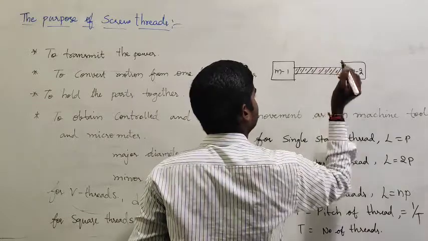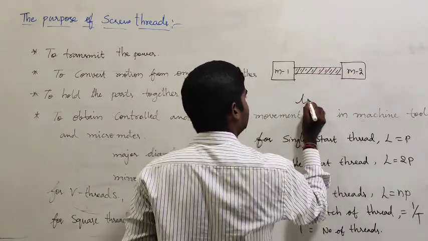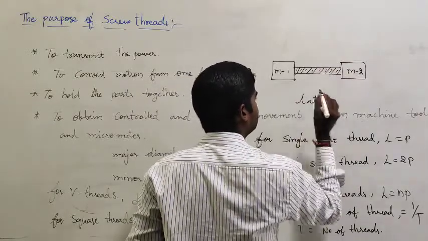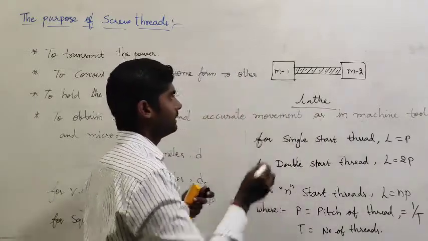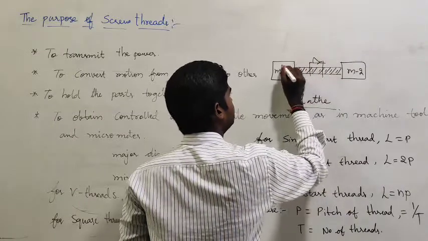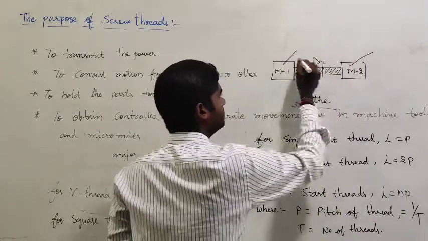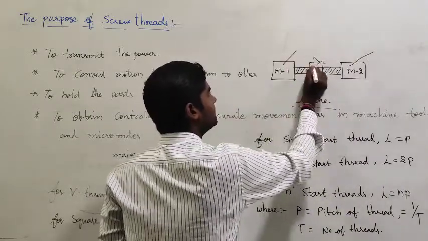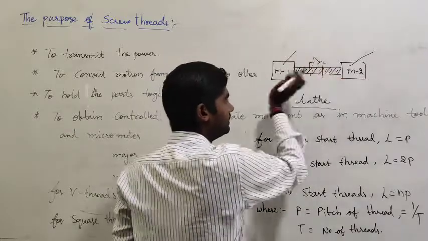An example is the lathe machine. In the lathe machine we use threads so that the carriage movement, between the head stock and tail stock, goes forward and reverse. This transmits the power.